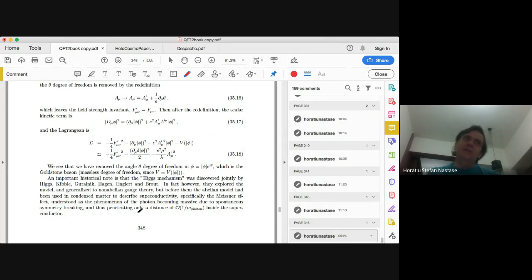So the magnetic field is expelled from the superconductor. And the reason for that is that you see the photon inside. So inside the superconductor, you have a symmetry breaking, and the photon becomes massive, the real photon, the electromagnetic photon. And therefore, it penetrates only a distance of order 1 over m_photon inside the superconductor.